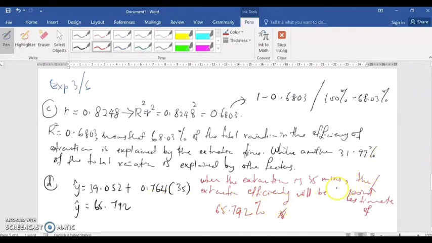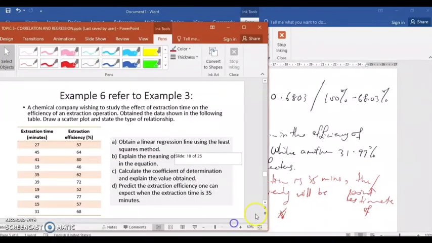So I hope you all can understand what I am trying to explain based on our examples. So we have examples 4, 5 and 6. So 4, 5 and 6 are regarding our linear regression line and then explaining the meaning of A and B. So A and B are beta 0 and beta 1.